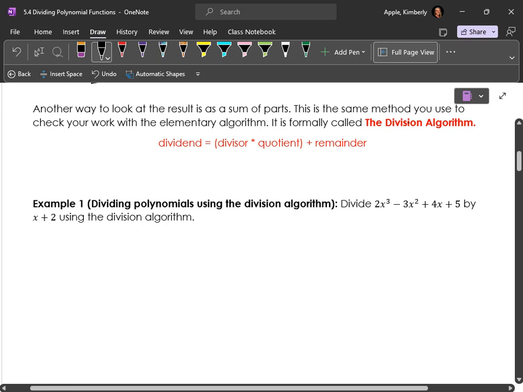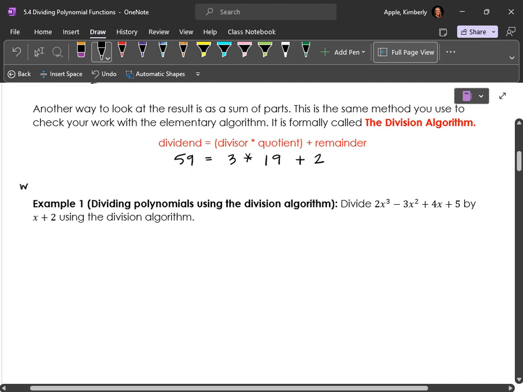Because it's in red, you'll be expected to know what I mean when I say use the division algorithm. The way we write that is we write the dividend, which is 59, equals the divisor, which was 3, times the quotient, which we found to be 19, plus the remainder. And you can verify that 3 times 19 plus 2 is in fact 59.